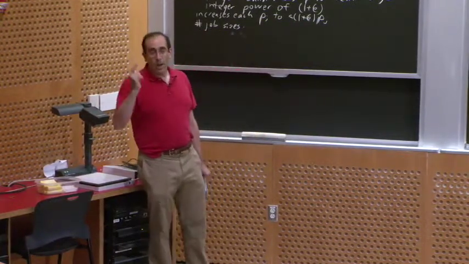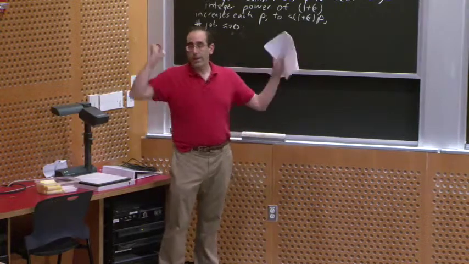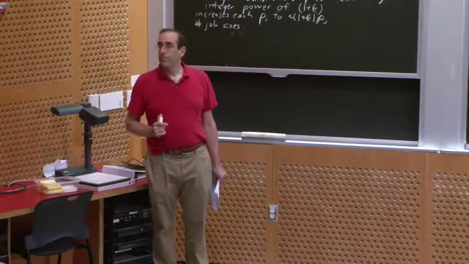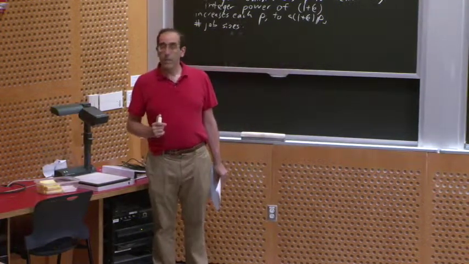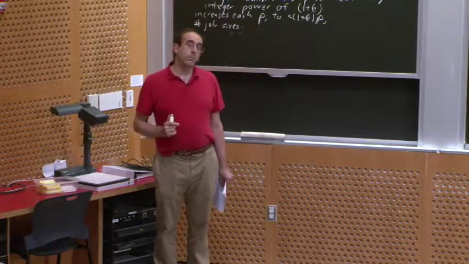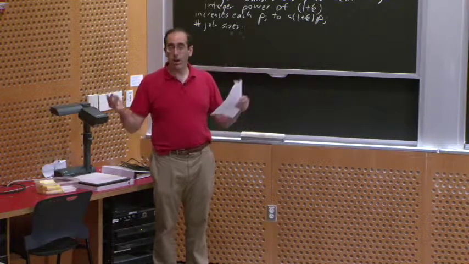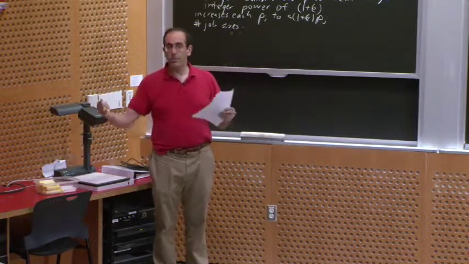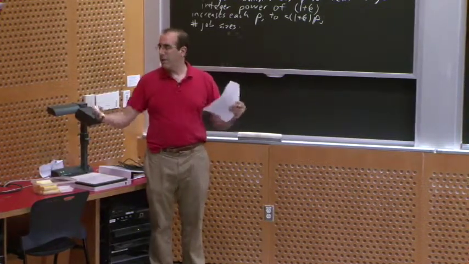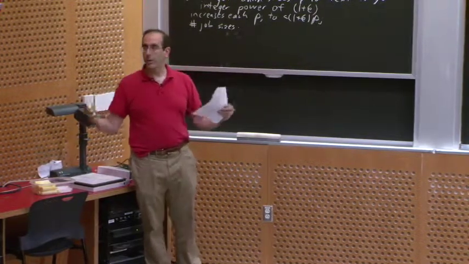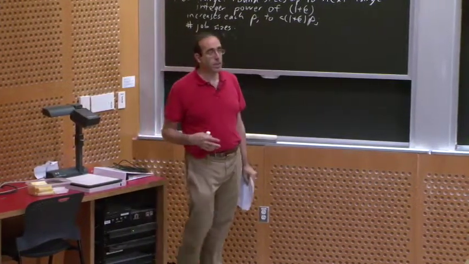So if I had log of t different values, that could be max pj. Correct. Log of max pj. But again, that could be a big number, right? The pj's are arbitrary numbers. So I need something that's independent of the numbers in order to argue that I have a good running time for all input instances.